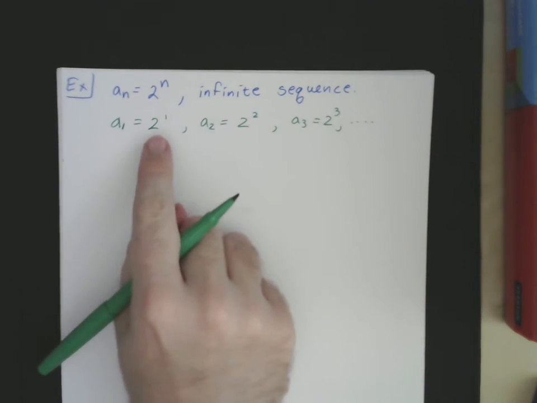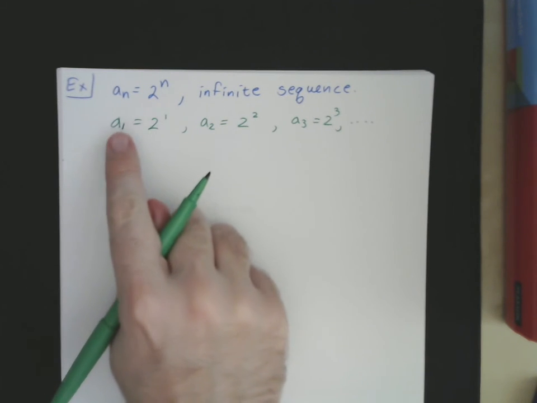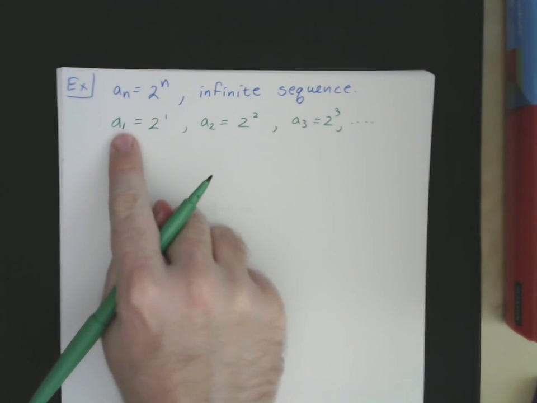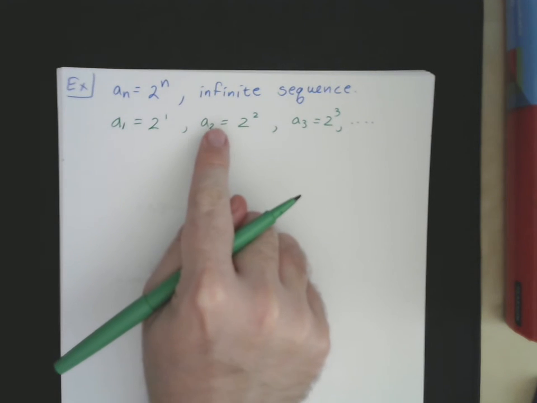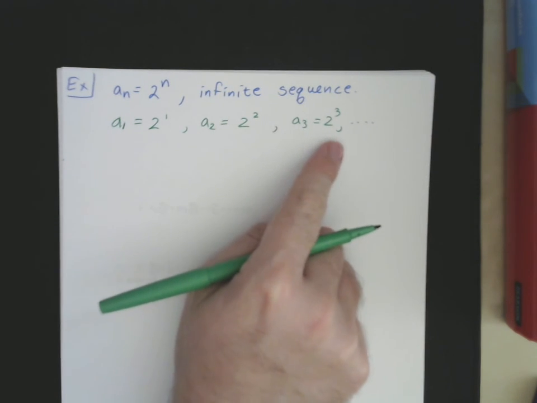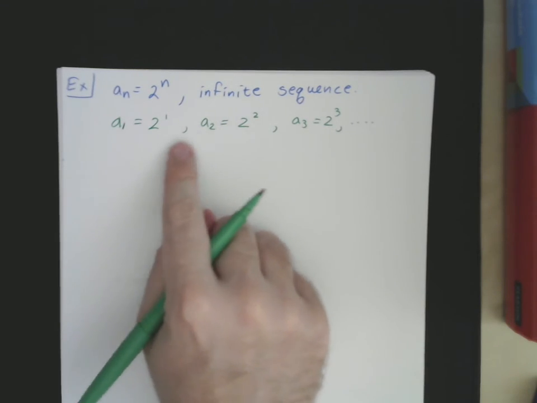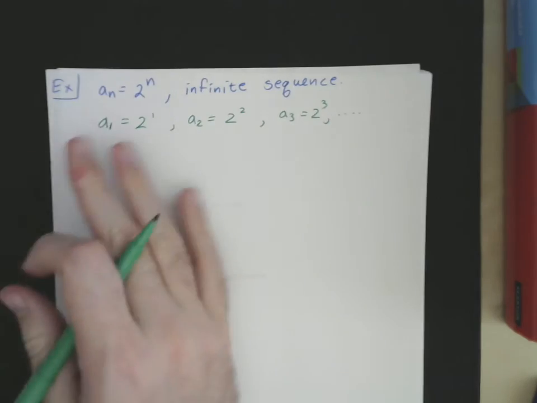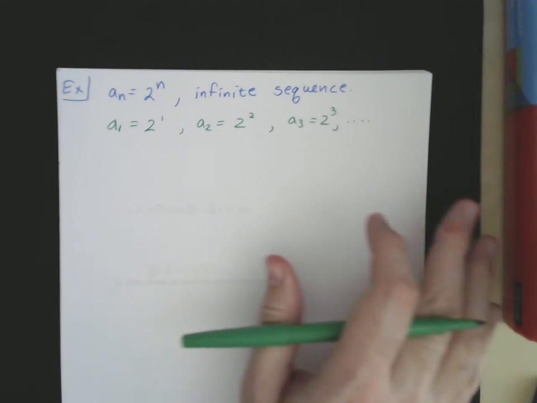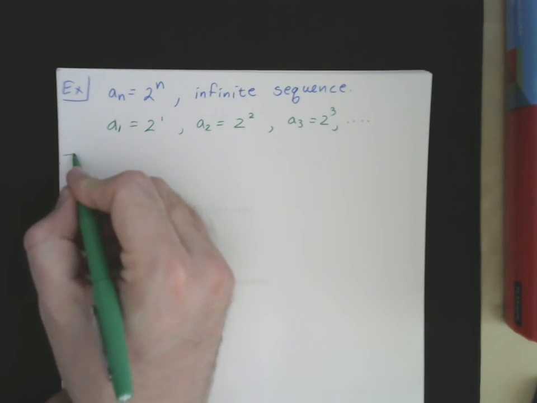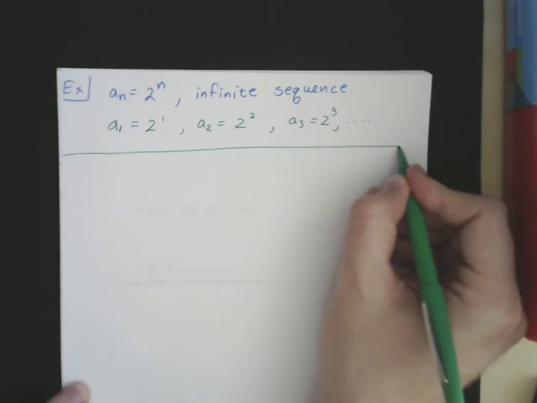Now you may notice that because we're building this off of the n, a1 is 2 to the 1, a2 is 2 to the 2, a3 is 2 to the third, that pattern is not unique to this sequence. In fact, all sequences are built off of, if they can be, some pattern based on the first term.